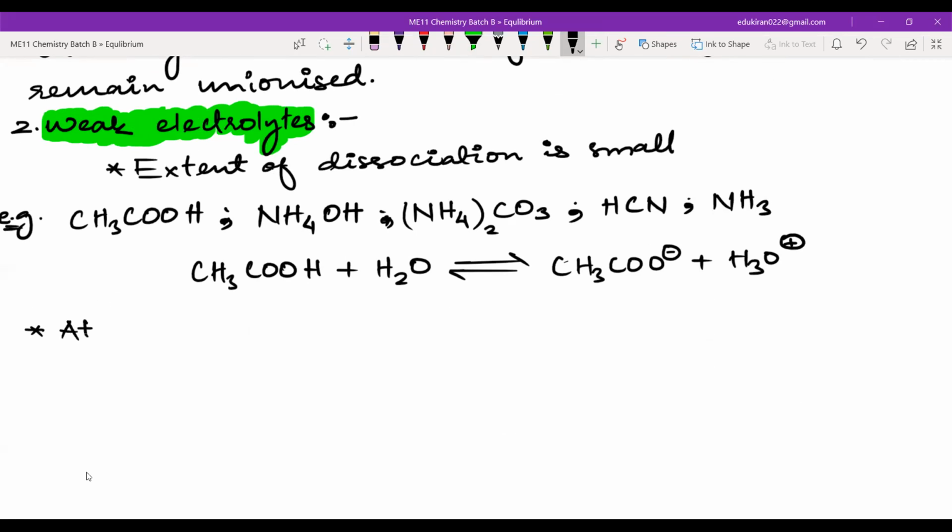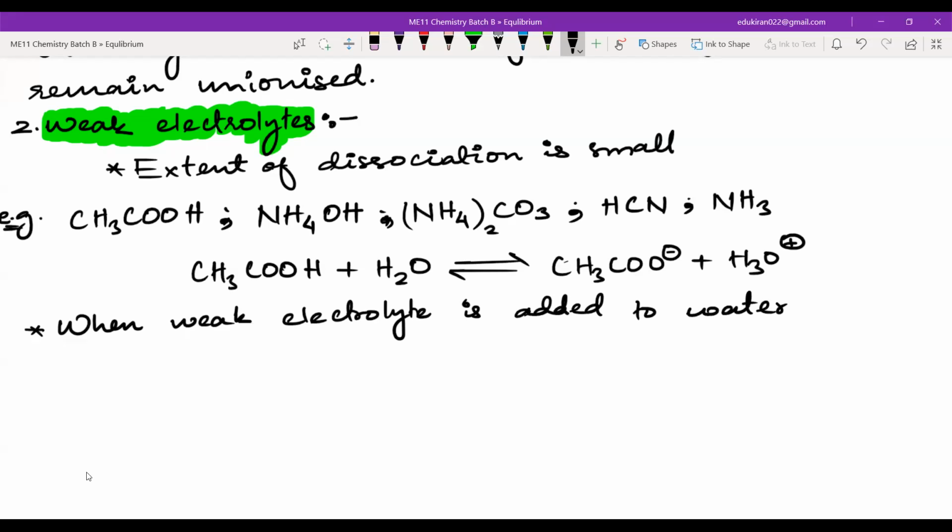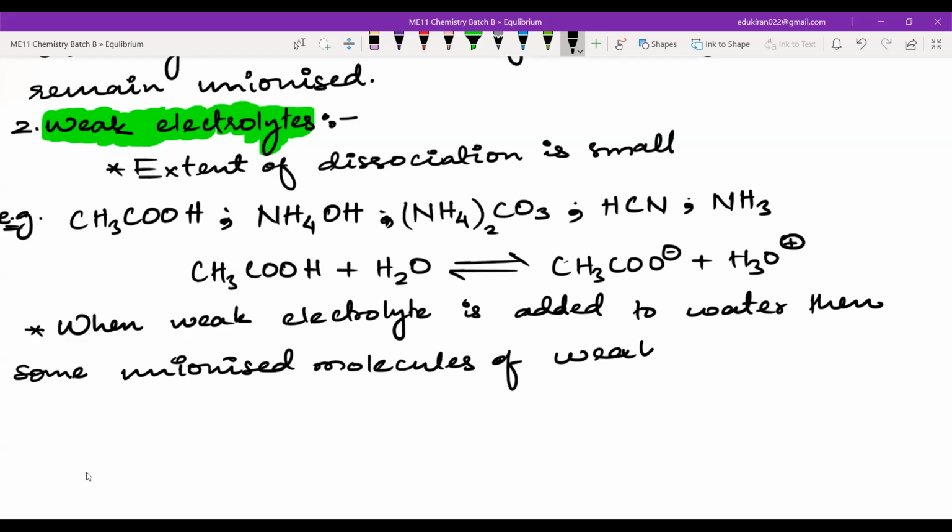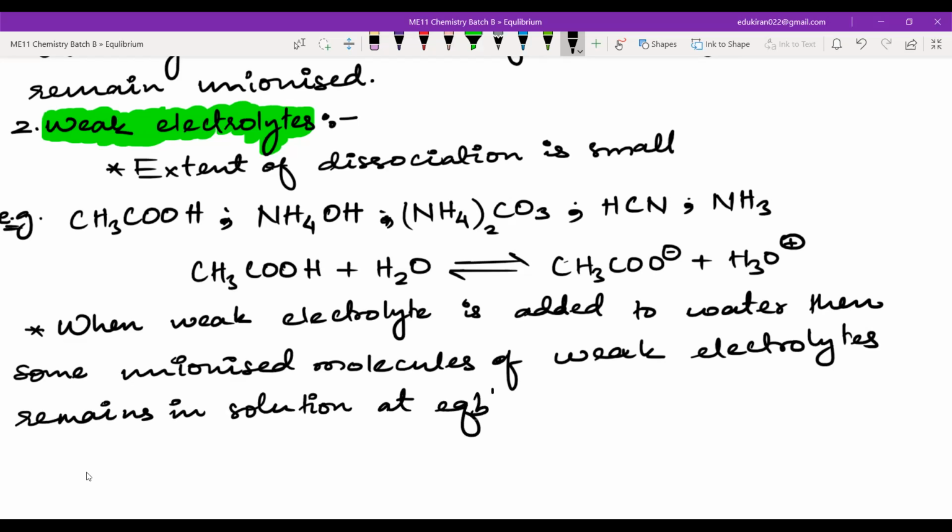So when a weak electrolyte is added to water, some unionized molecules of weak electrolyte remain in solution at equilibrium.